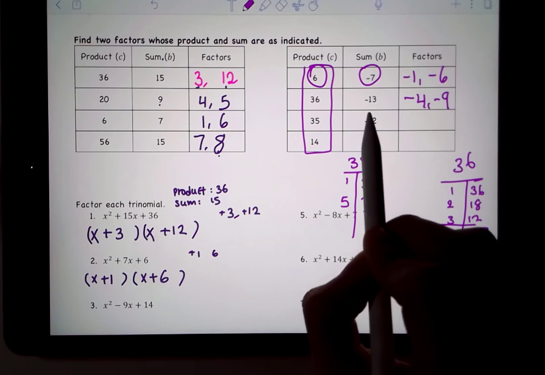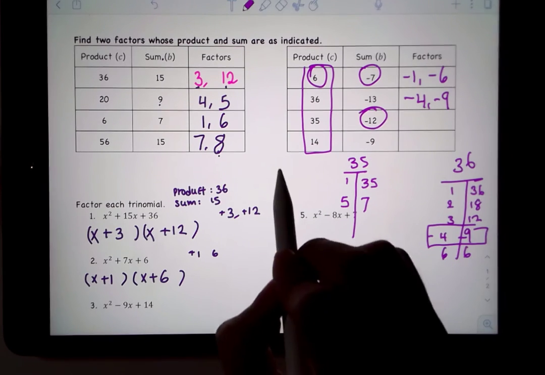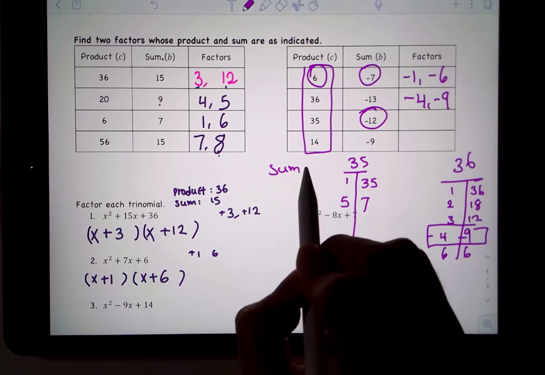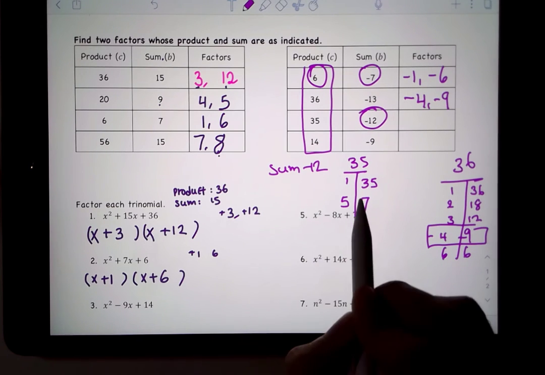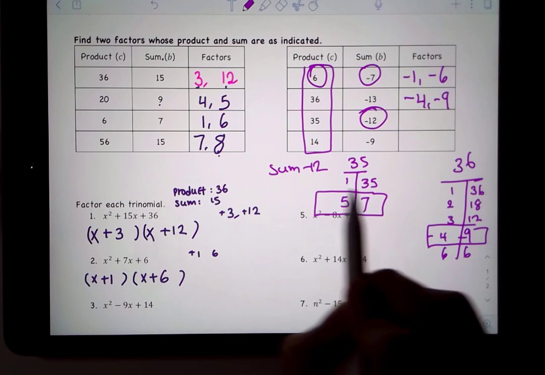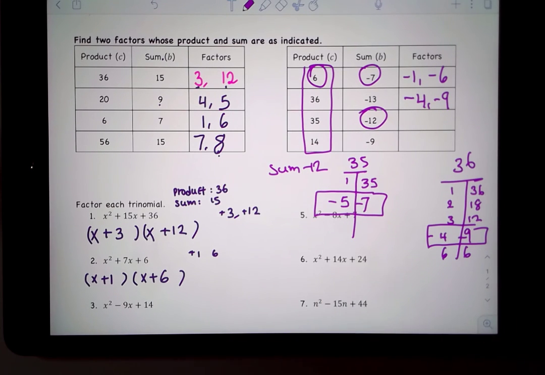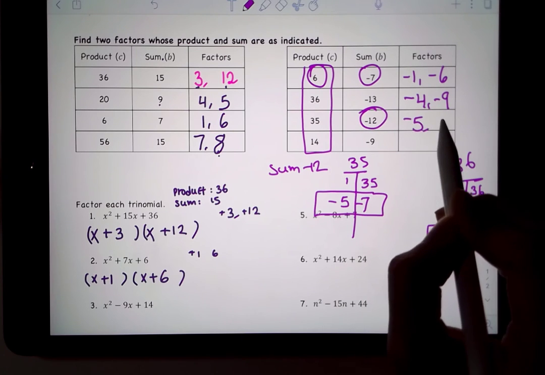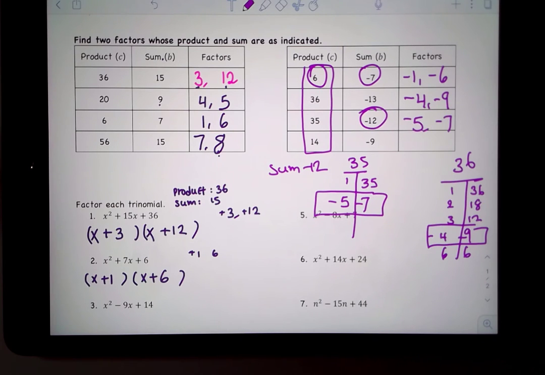Yeah, and then I want to make 12. So my sum is -12. Then look, 5 and 7 makes 12, but you want to get -12, so you just have negatives.